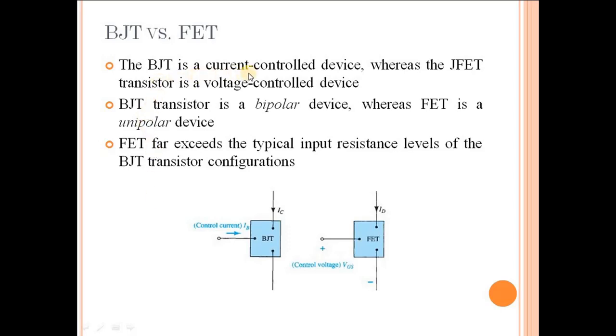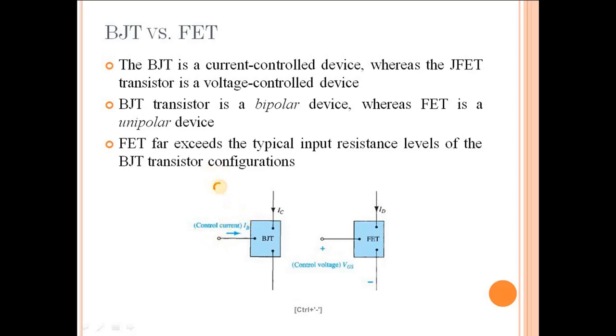The BJT is a current control device. Why current control device? Because in BJTs the output current IC is a function of input current IB. So the controlled thing, that is the output current, is controlled by an input current. The controlling parameter is input current, which is IB in the case of BJT.